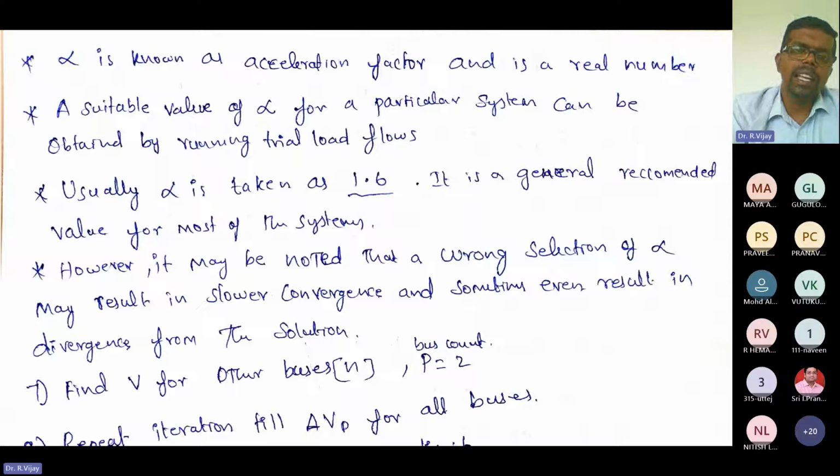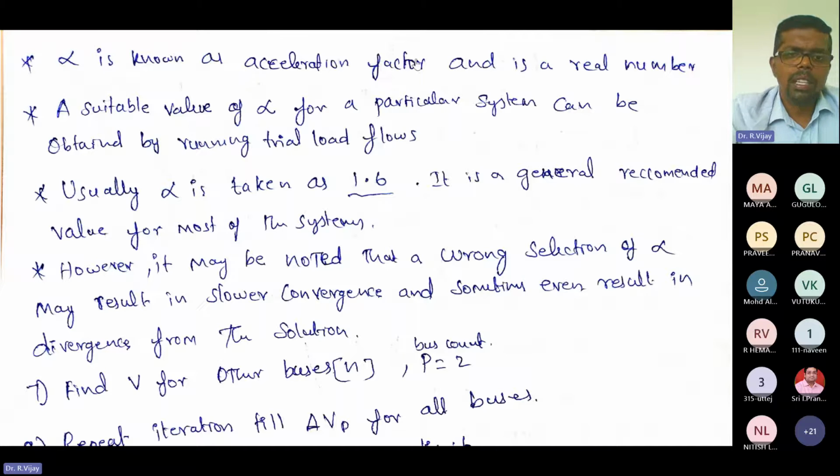What they did was just trial and error. First they substituted 1, then 1.5, 1.4, 1.3 like that. Then with the 1.6 value, the convergence was somewhat faster.